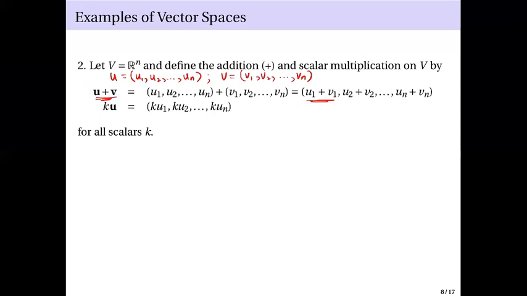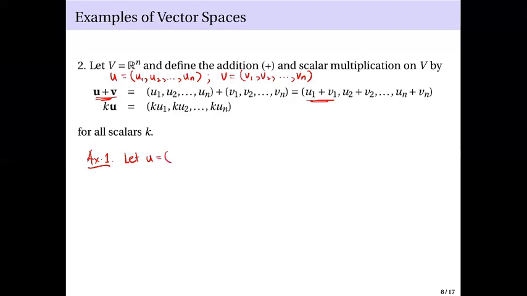So we have the objects, we have the operations. So how do we verify the 10 axioms? Let's start with axiom 1. For axiom 1, we get two objects.